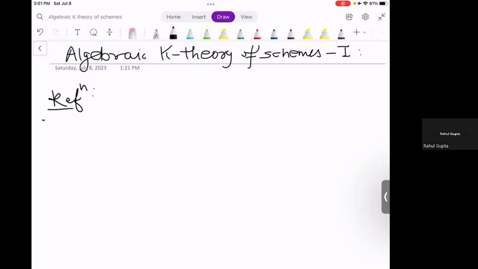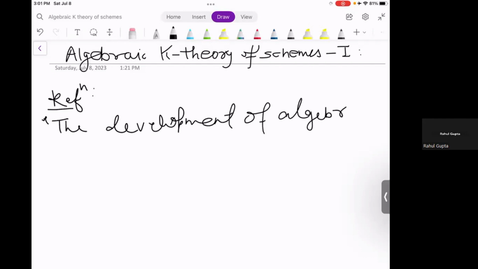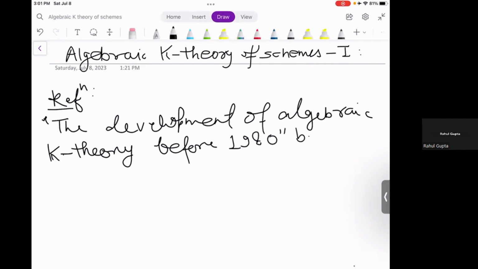The first thing I would like, especially young PhD students or postdocs, to read is the notes on the development of algebraic K-theory before 1980 by Weibel. This gives you a brief idea of the history of algebraic K-theory and topological K-theory also.